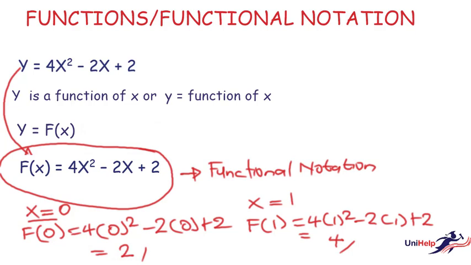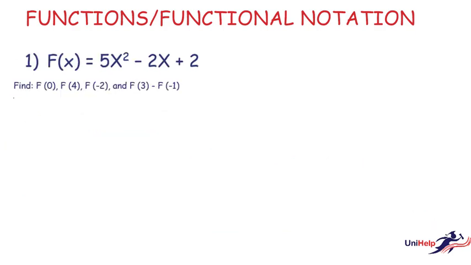Now that we have a basic understanding of the functional notation, let's look at some simple problems under functional notations. F of x is equal to 5x squared minus 2x plus 1. We're asked to find f of 0, f of 4, f of negative 2, f of 3 minus f of 1.